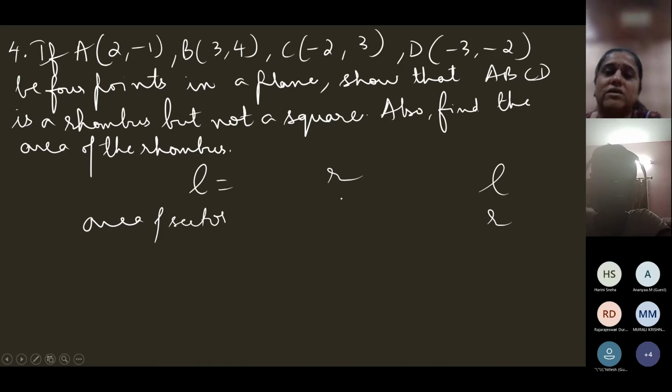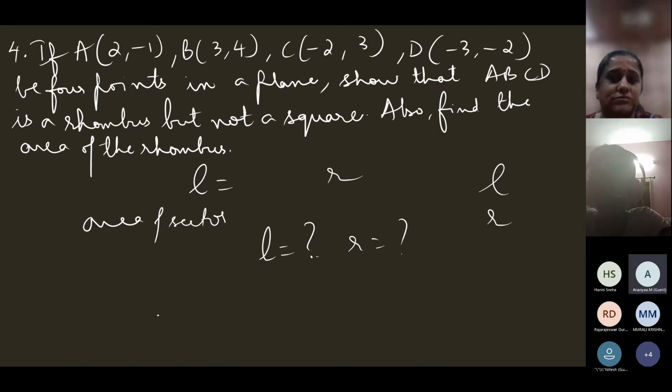No, directly. The formula which is used. You're given the length of arc and the radius. Using these two, there's a formula to find the area of a sector. What is that? We didn't learn using L.